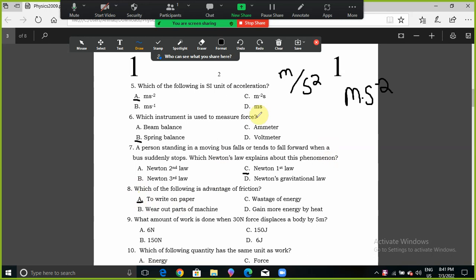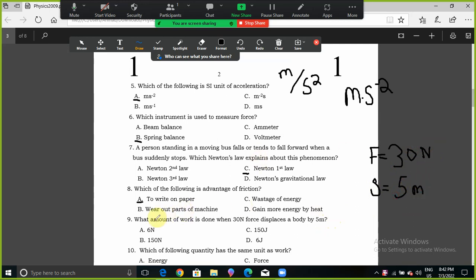Now question number 9 says, what amount of work is done when a 30 Newton force displaces a body by 5 meters? What we have here is force and distance, right? Force is 30 Newton, and 5 meters is the distance, S is equal to 5 meters.